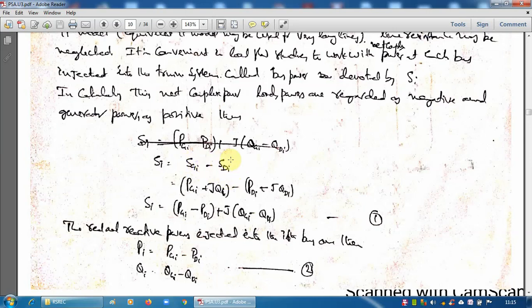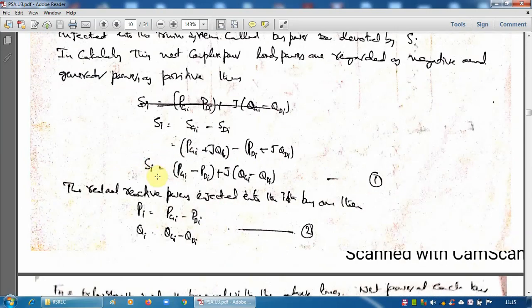Generated complex power means Pg plus jQg, minus demand or load, Pd plus jQd. So net complex power at each bus is given by the real term Pg minus Pd, and the imaginary term Qg minus Qd. Like that we have to calculate.